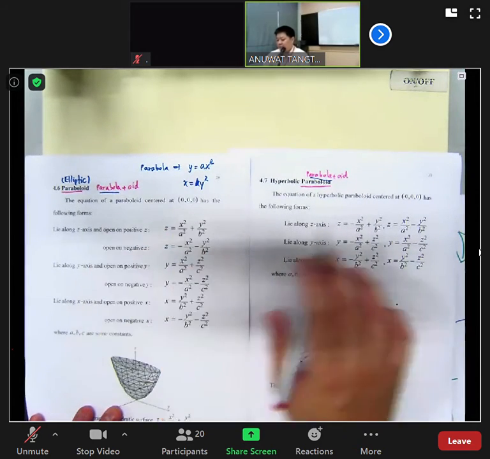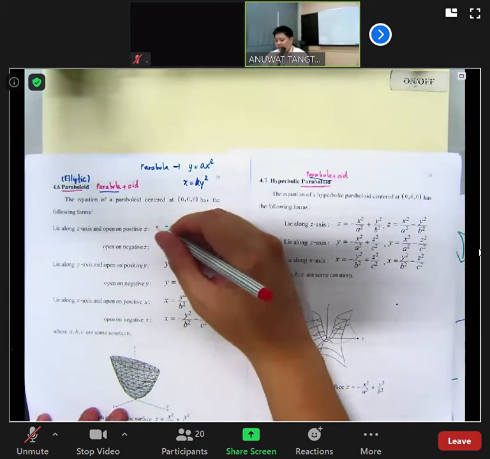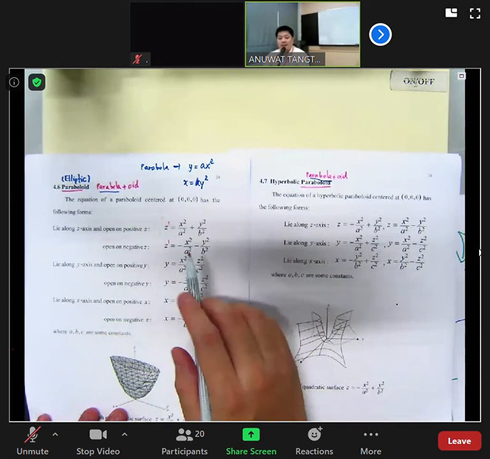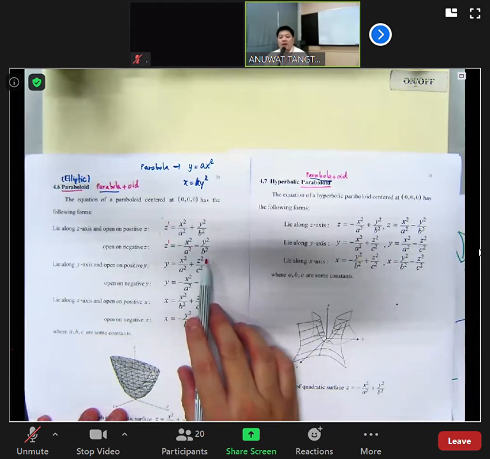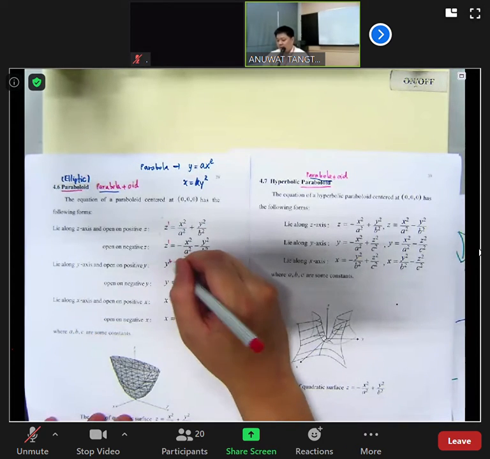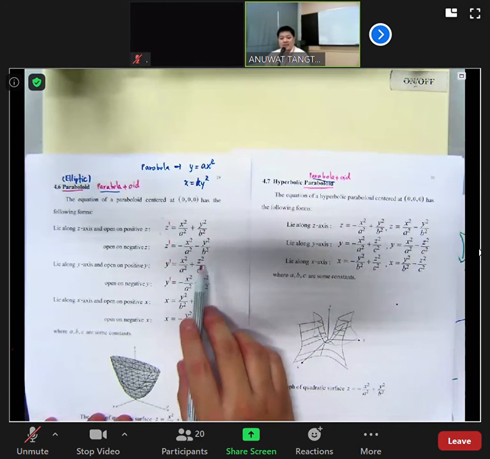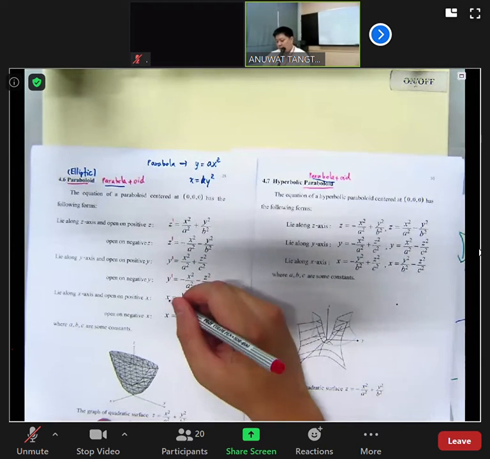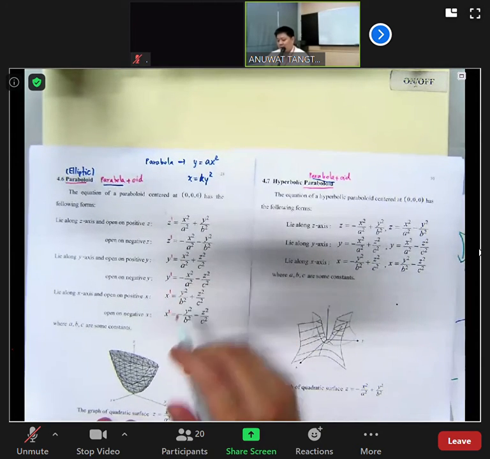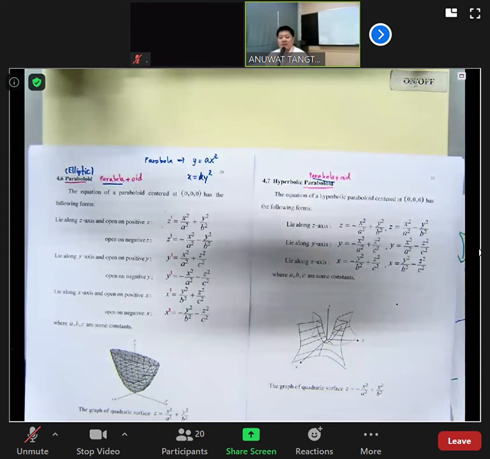So for both of them, you can see it can be either z to the 1 and x and y to be the square, right? Or even y to exponent 1 and x and z would be the square terms. Or x to the 1, and y and z would be the square terms.